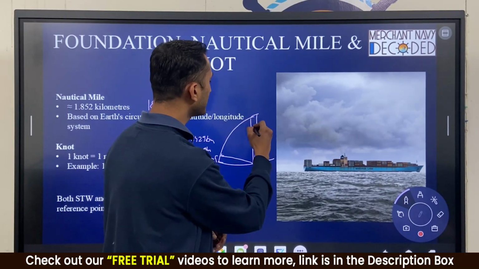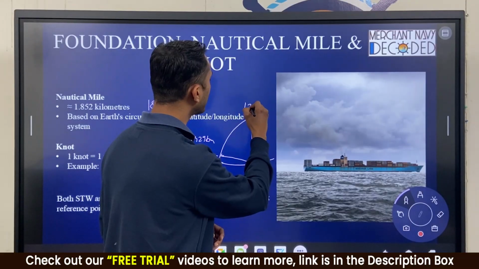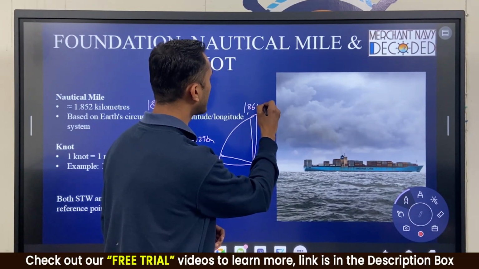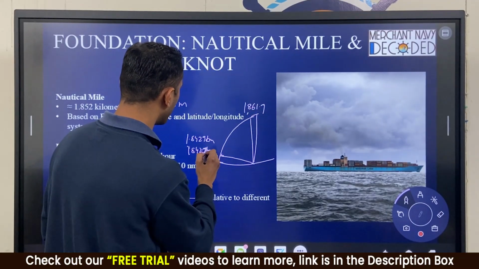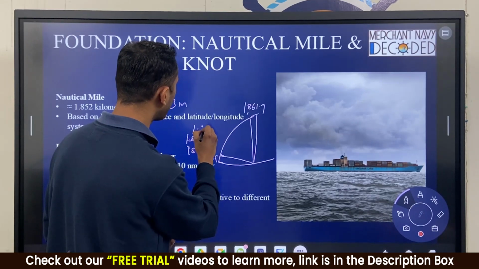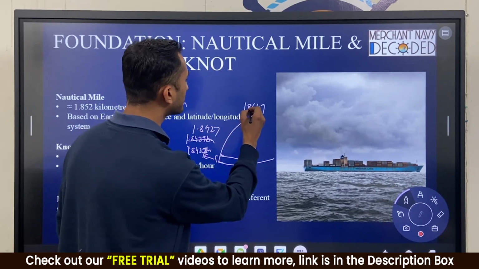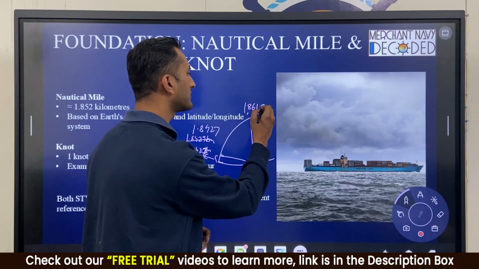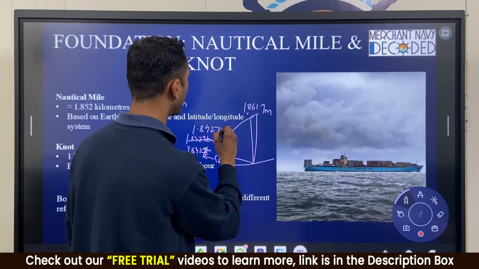And somewhere over here at the poles, it came out to be 1861.7 meters. This is in kilometers.